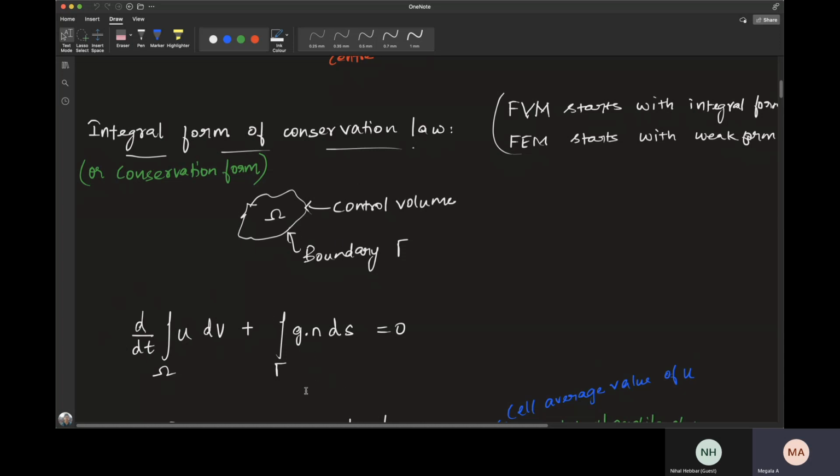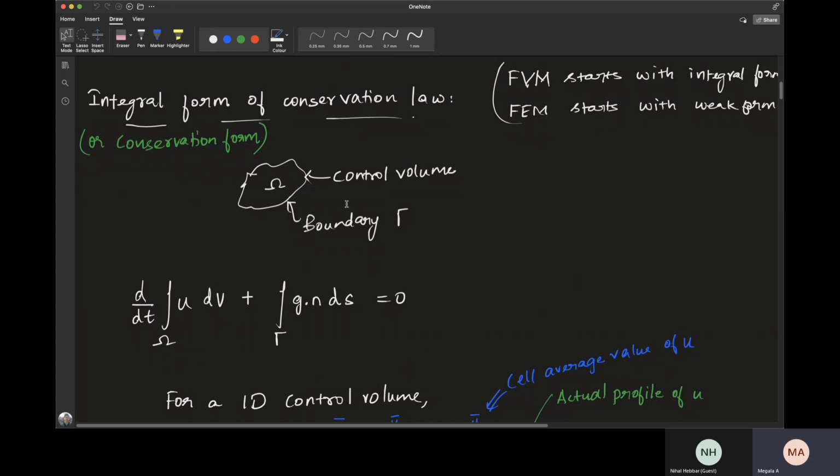So it is the flux of U through the boundaries of the control volume. The flux of U is actually G. So when I take G dot N, we are considering only those normal components that go out through the boundary. So the rate of change of that quantity is equal to the rate of outflux through the control volume.